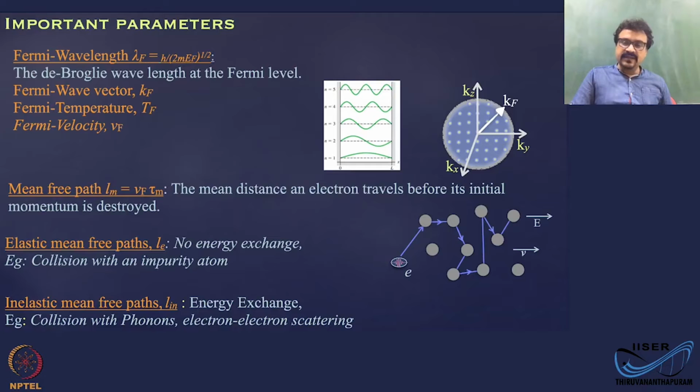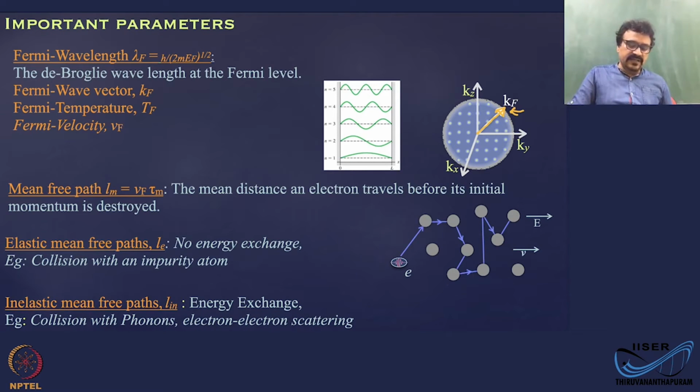It is the wavelength, or de Broglie wavelength, of the electron or charge carrier at the Fermi level. When I say at the Fermi level, what that means is that the electron or charge carrier has a wave vector of kF, which we already have defined.